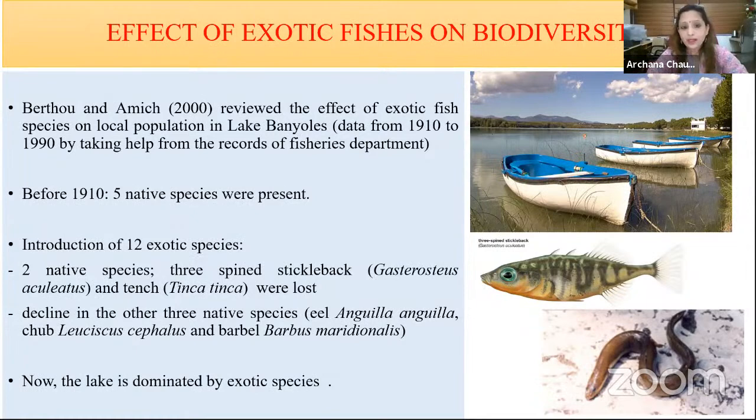For example, the effect of introduction of exotic fish species in Lake Banyuls was studied, and it was found that in 1910 there were 5 native species, but after the introduction of 12 exotic species, 2 of the native species, stickleback and tench, were completely lost, and there was a decline in the number of the other 3 native species. So presently, this lake is dominated by only the exotic species.